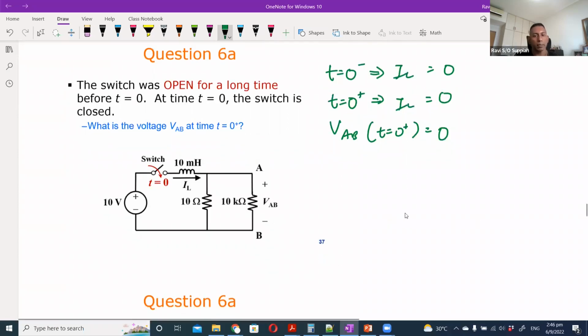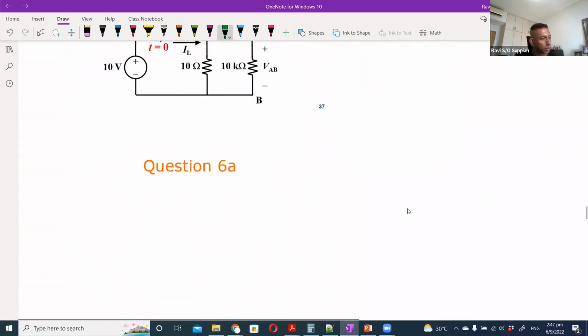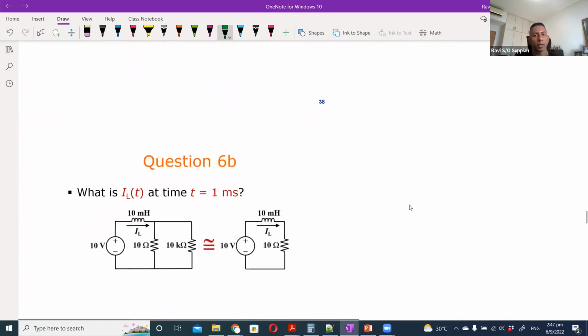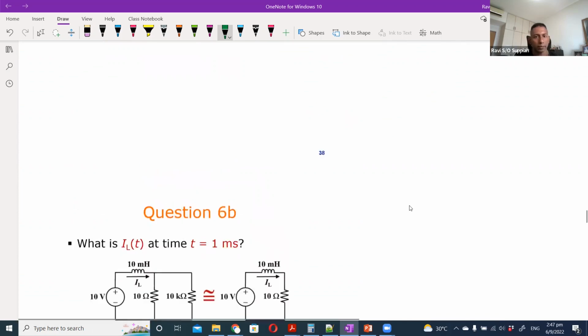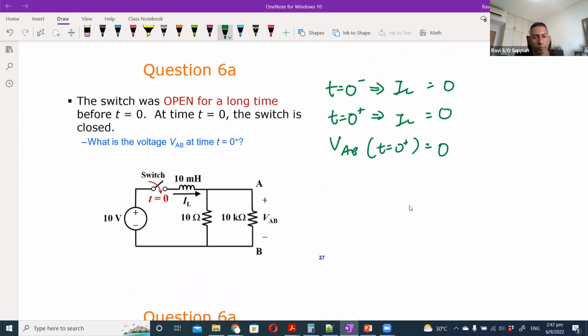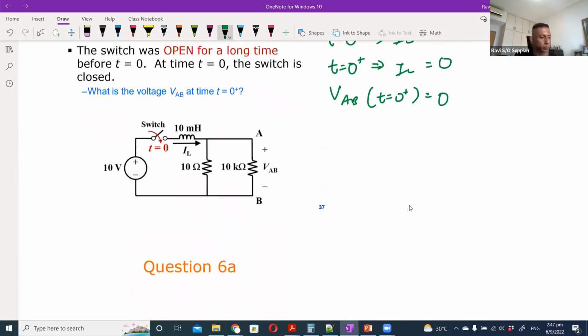Okay, then the next part is, what is the IR at time t equals 1 millisecond? So to find the current, the current direction is based on the supply.